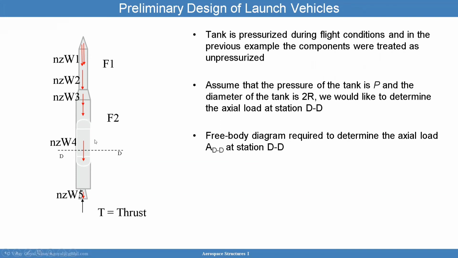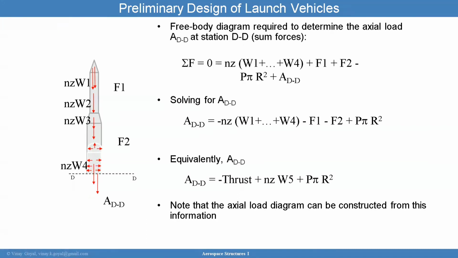Now cut DD here, and I assume the pressure in the tank is P inside, and the diameter of the tank is 2R. We will then determine the axial load right here at this cut. Not only do I have these loads acting downwards, now I have this pressure acting on the surfaces that need to be considered.